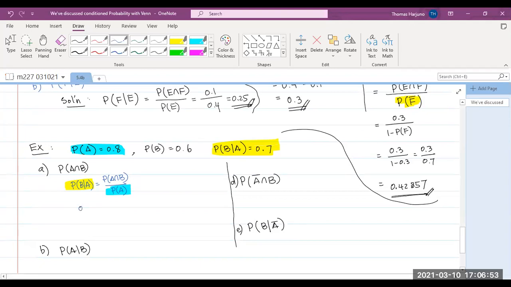Now, 0.7 equals the probability of the intersection over the probability of A, 0.8. Multiply both sides by 0.8, and that's the probability of the intersection. Therefore, the probability of A intersection B is 0.7 times 0.8, that's 0.56.